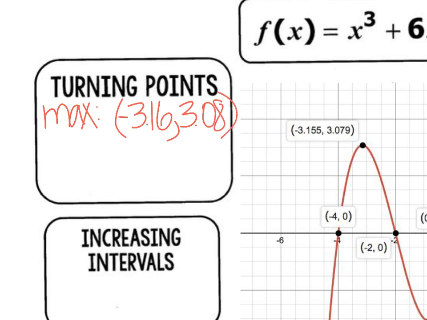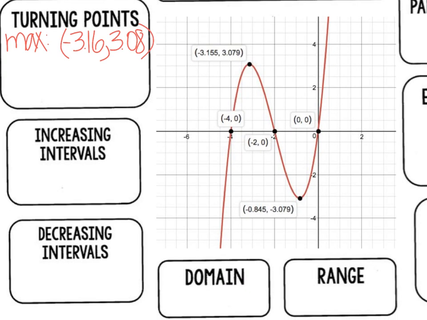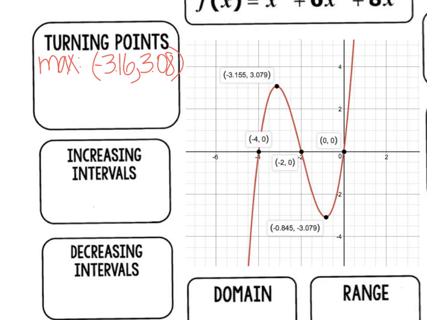That would be our first relative maximum. Then if we're looking at our relative minimum, it's going to be this point right here. So our relative minimum is going to be negative 0.85, negative 3.08.